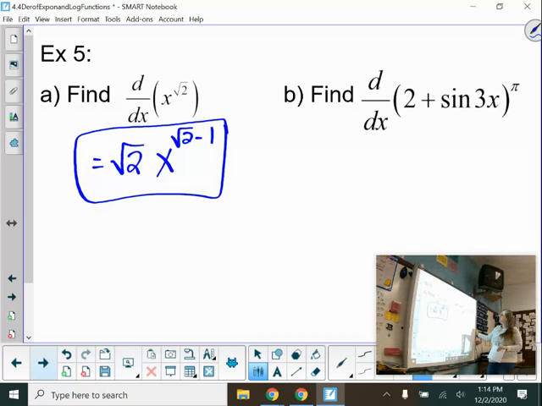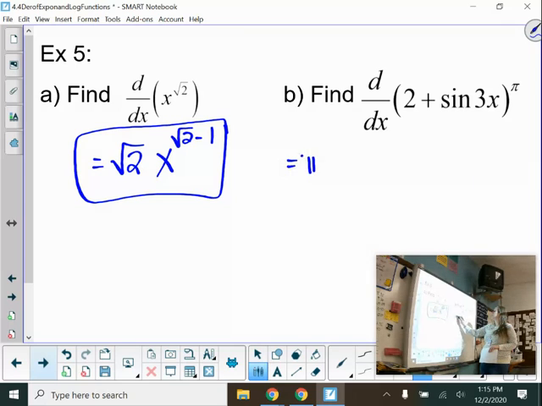Okay, part B. This one we do have to use the chain rule. I have to deal with the pi as an exponent first, and then I'll have to actually take the derivative of the inside. Remember, using the chain rule, you don't want to do too much at once, so you want to make sure you deal with the entire quantity and then deal with what's on the inside.